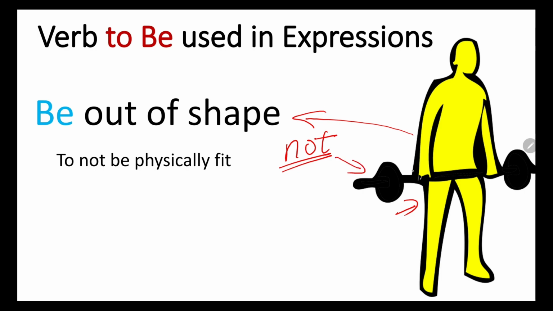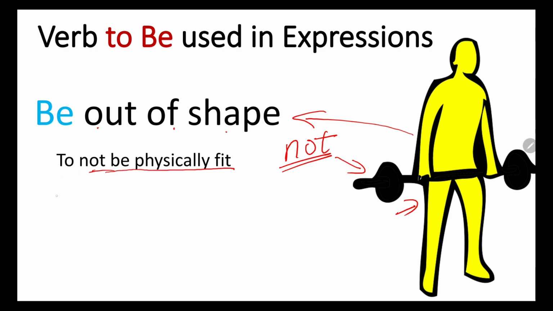So if you're not able to do exercises as good as you used to, if you start to run and you feel out of breath, it means you start to pant and you get very tired in a short time, then you are out of shape. Okay?